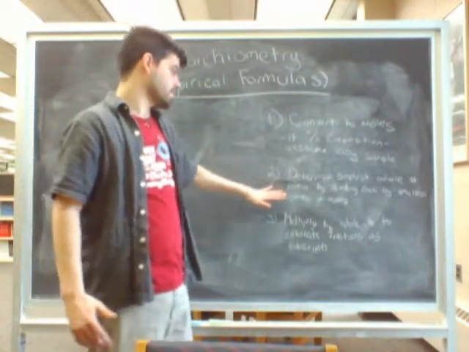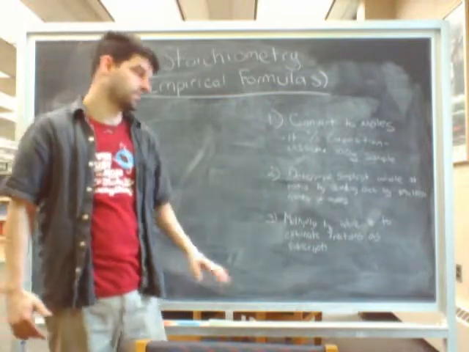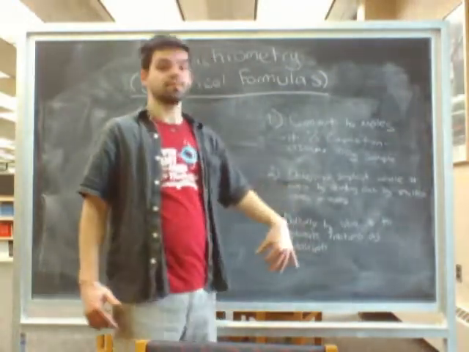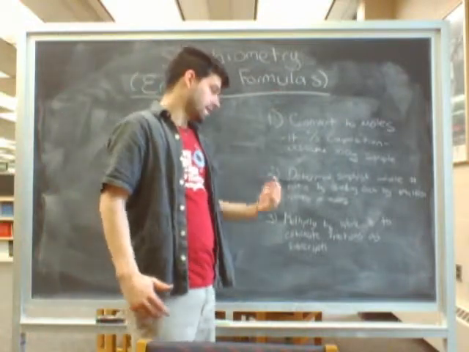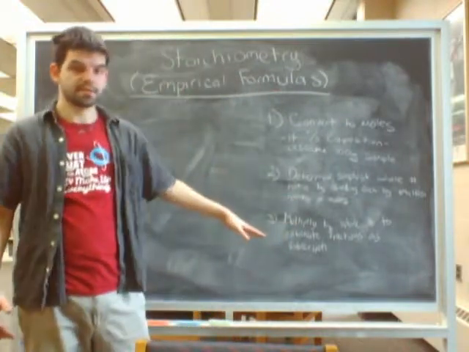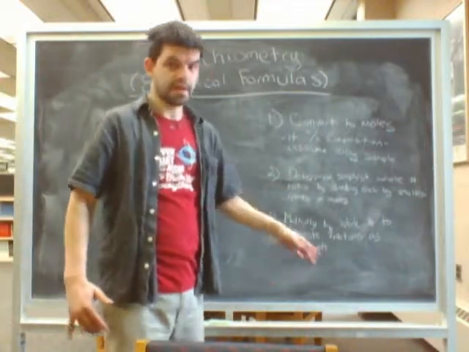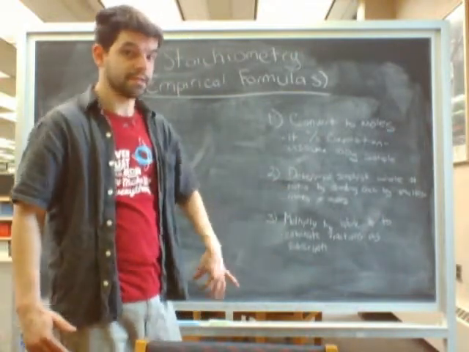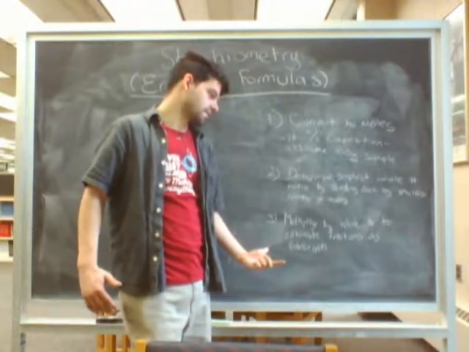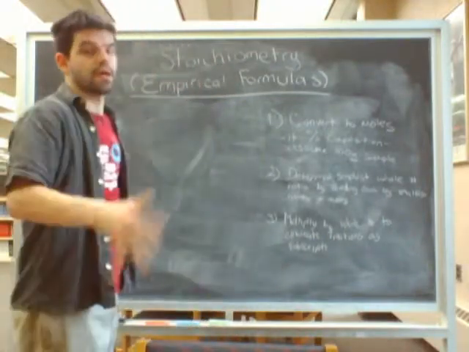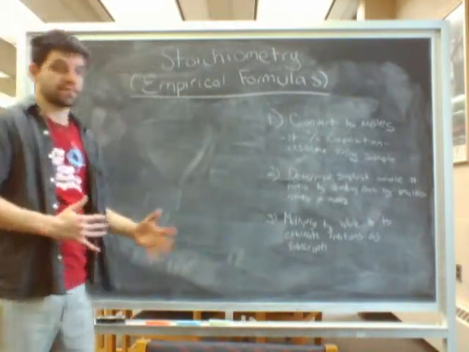The second, after you determine the number of moles, is to take the smallest amount of moles and divide each element's moles by that number. Lastly, and this one gets a little tricky sometimes, if you have a subscript that ends with a fraction, you're going to multiply by a whole number to eliminate fractions as subscripts. And we're going to do an example of this to illustrate what that means.